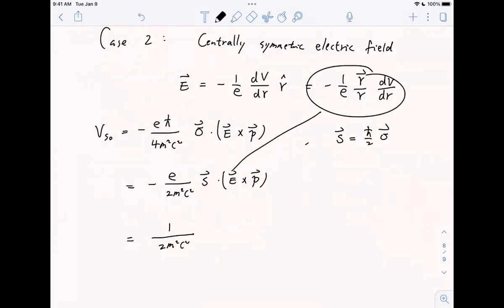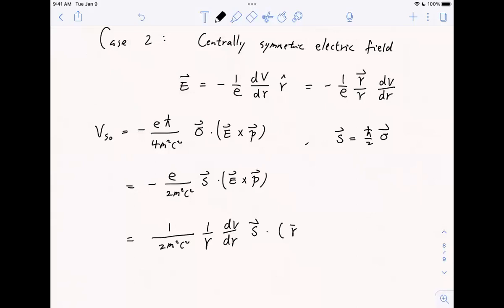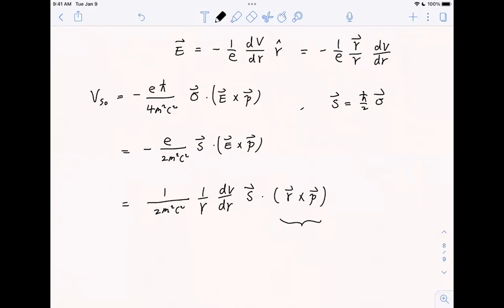If you put this inside, then you have 1 over R dV/dr, and then S dot, then you have R cross P. And what is this? This is just the angular momentum operator.